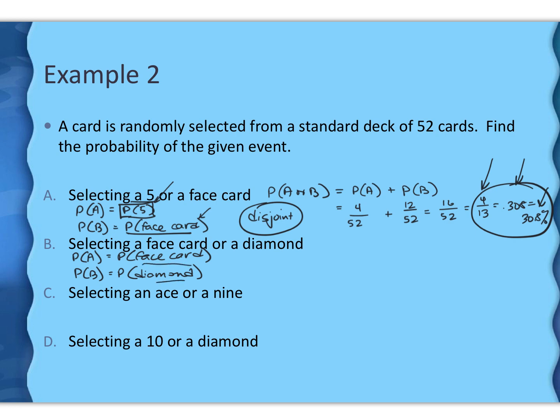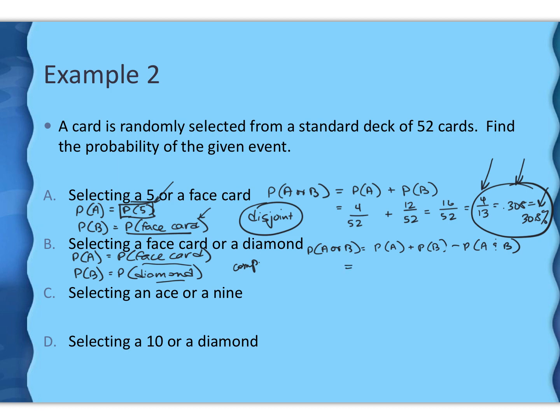And the truth is that you can. So this is a compound event, so this one is going to have a little bit different formula. This one's going to be probability of A or B equals probability of A plus probability of B minus the probability of A and B.